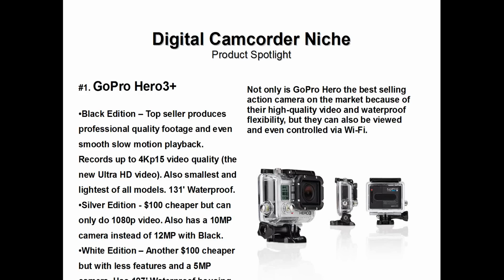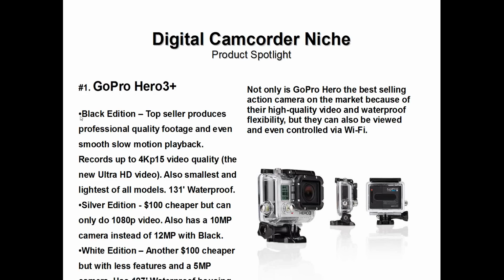Now, one of the most confusing things about the GoPro Hero is that you have different models, and at first glance you may not be able to tell the difference between them, but there definitely is a difference besides just the price. The top of the line model is called the Black Edition.